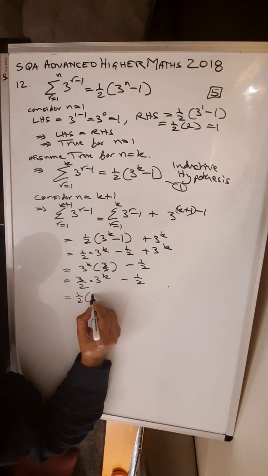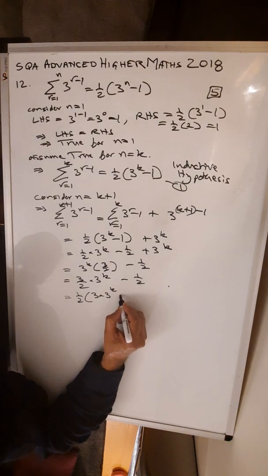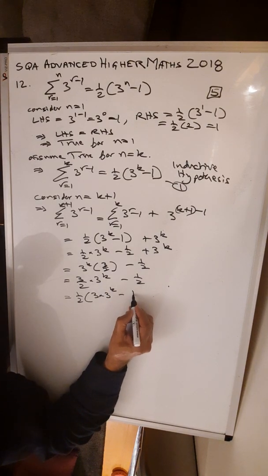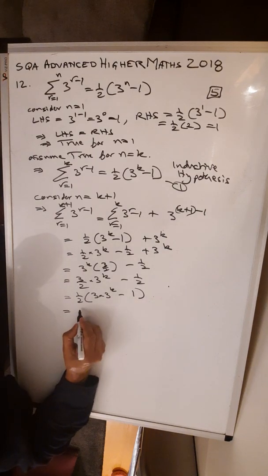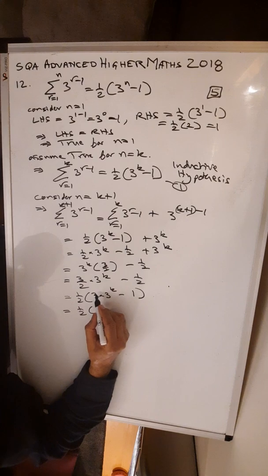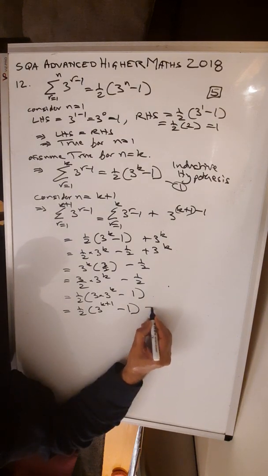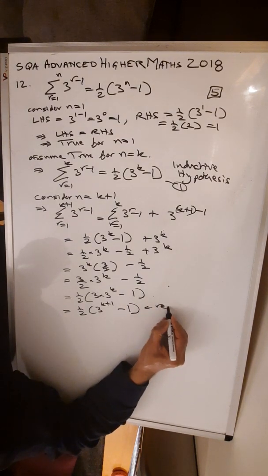So what you have inside is 3 times 3^k minus 1, with the half outside. This is 3^1 times 3^k, so adding the indices gives you 3^(k+1) minus 1, which is the required result.